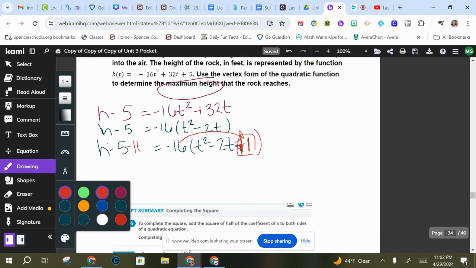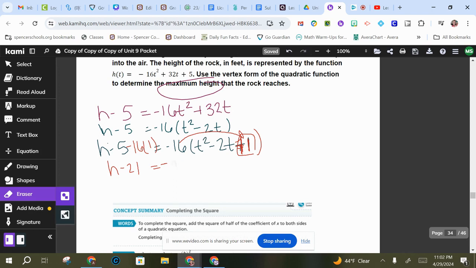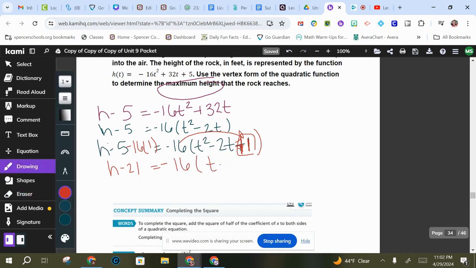I'll write it like that, or you can just put negative 16. So negative 5 minus 16 is negative 21. Oops, forgot my negative 16. Negative 16, parenthesis, t minus 1 squared.